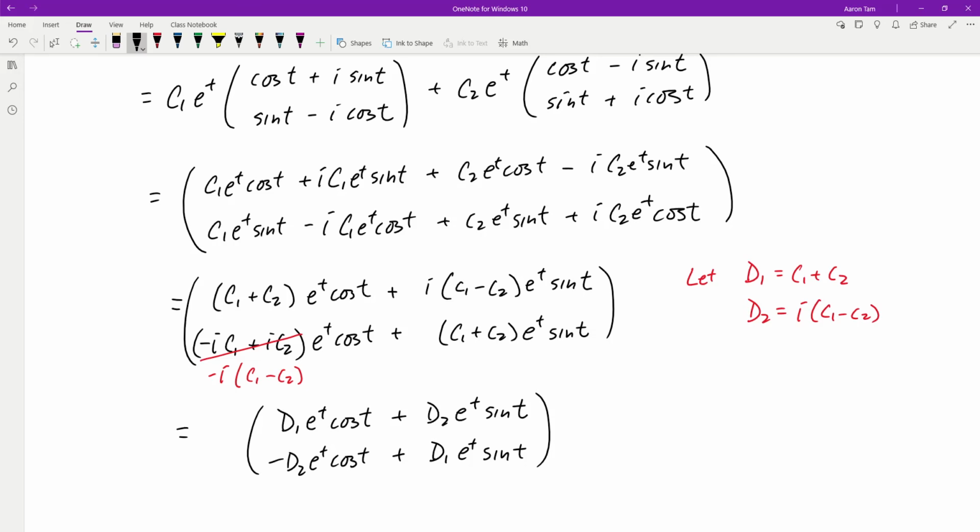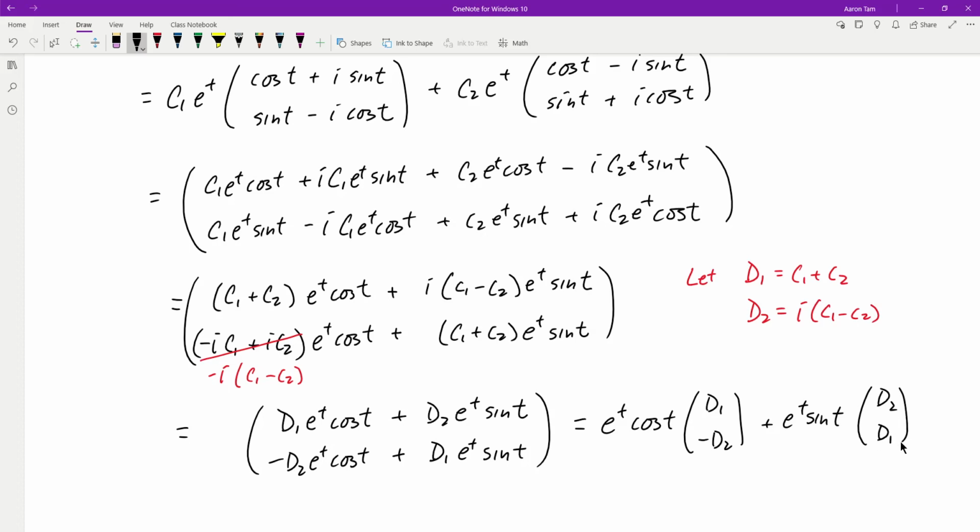So that forms our solution. And you could write it many different ways. I don't have any particular preference in writing this. You can write it this way: e^t cosine t times (d1, negative d2) plus e^t sine t times (d2, d1).